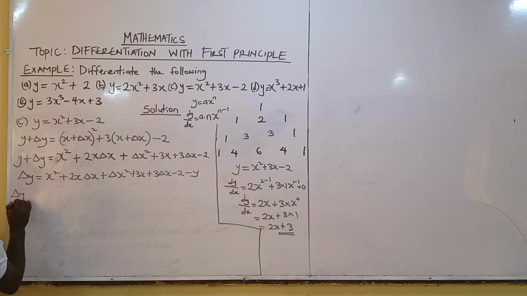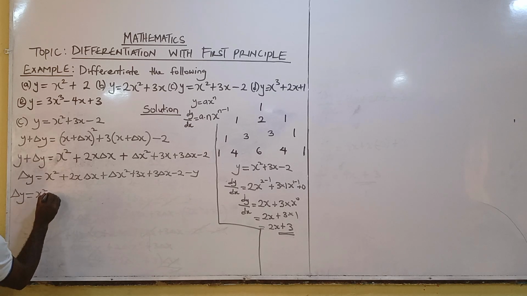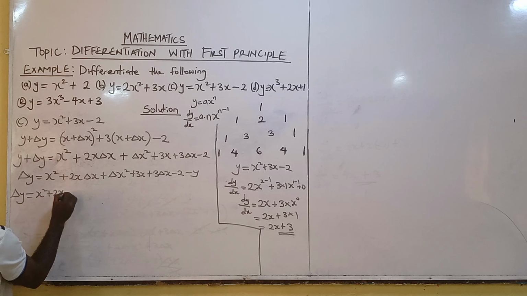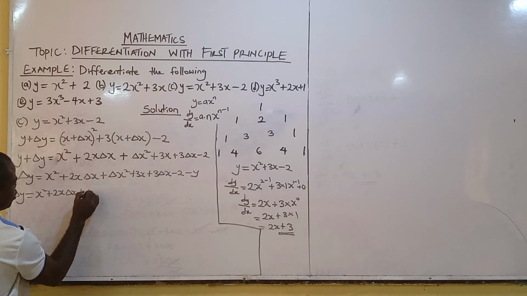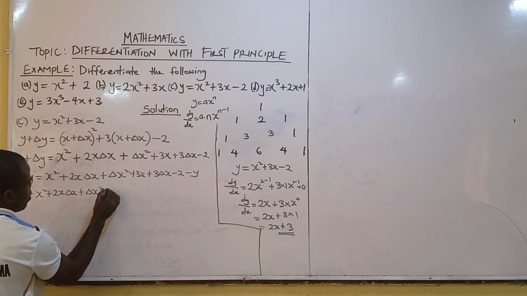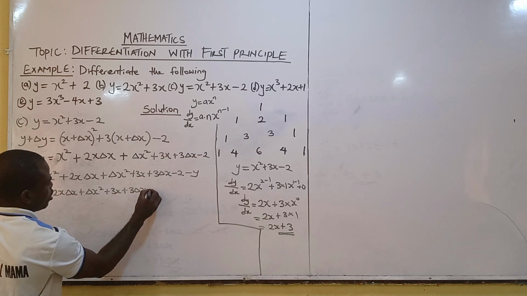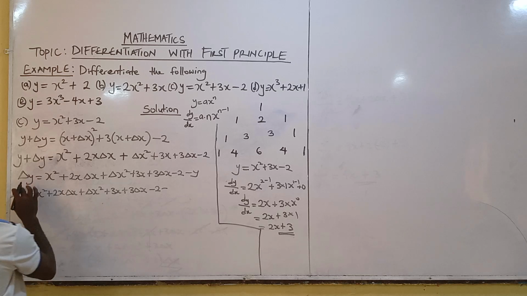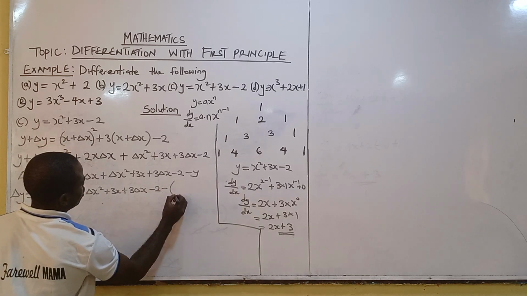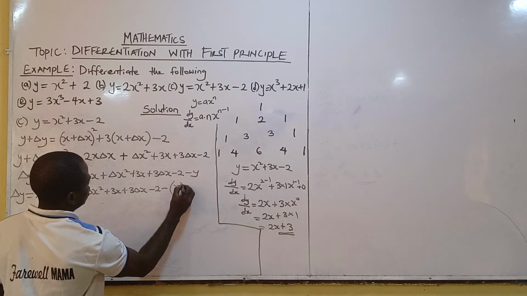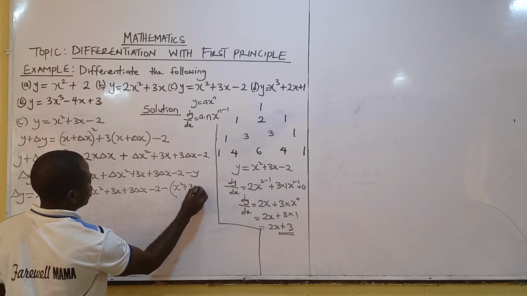What's our y? Let's see, our y is x squared plus 3x minus 2.